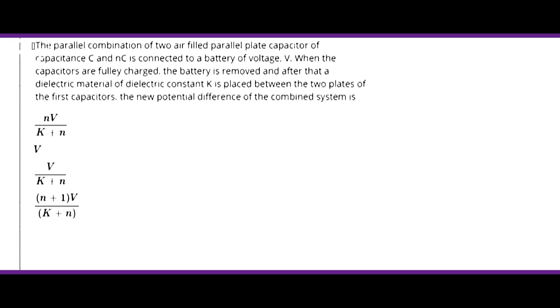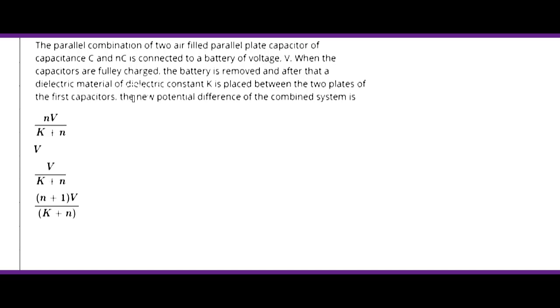Hello everyone, let's start the question. Question says that the parallel combination of two air-filled parallel plate capacitors of capacitance C and NC is connected to a battery of voltage V. When the capacitors are fully charged, the battery is removed, and after that, dielectric material of dielectric constant K is placed between the two plates of the first capacitor.